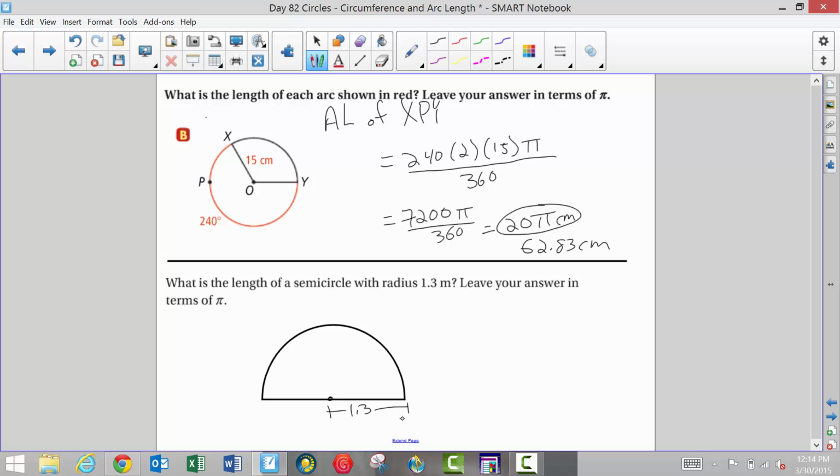Okay, so the arc length of this semicircle is 180 times 2 times my radius, 1.3 times pi, all over 360, which is equal to 1.3 pi, which is 13 over 10 pi as a fraction.